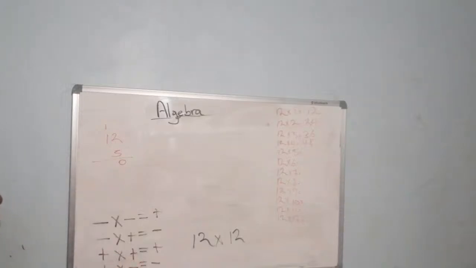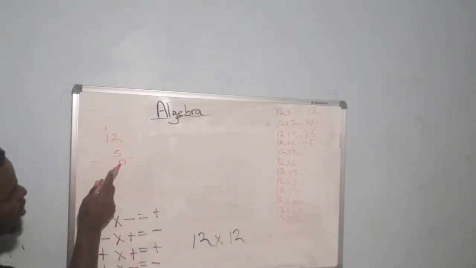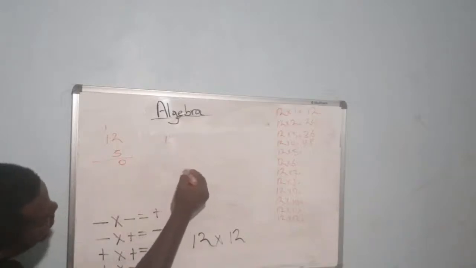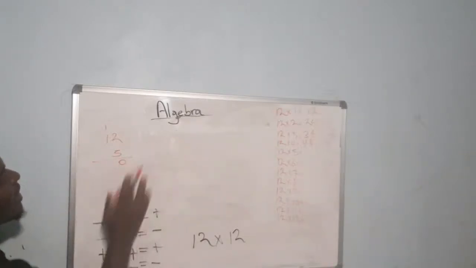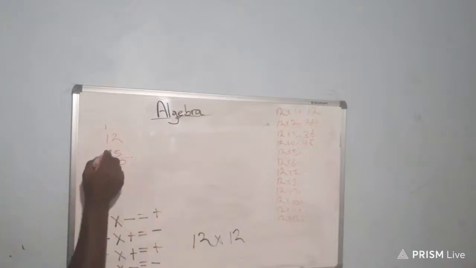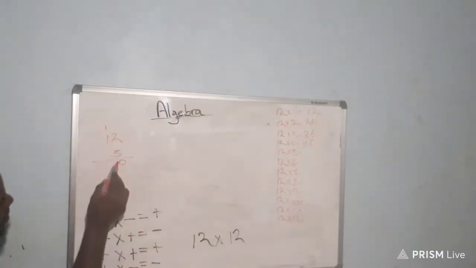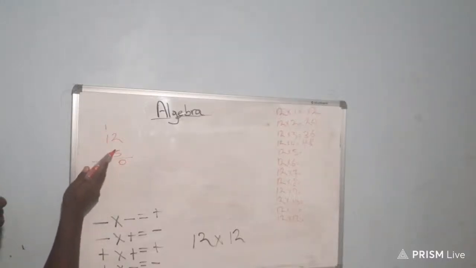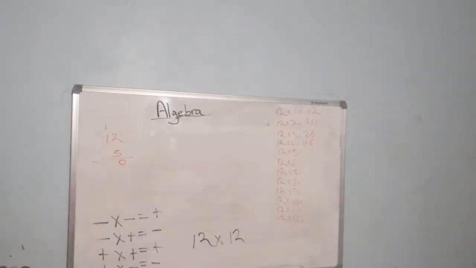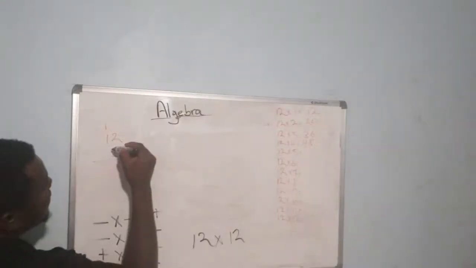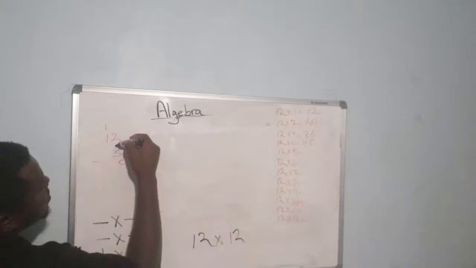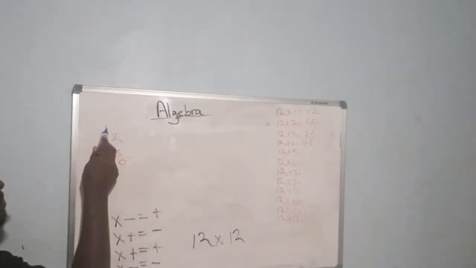It's the same 10 you're writing, but you're writing the 1 up here and the 0 down here. So you're using the 5 to multiply the 2 first, and you get 10.